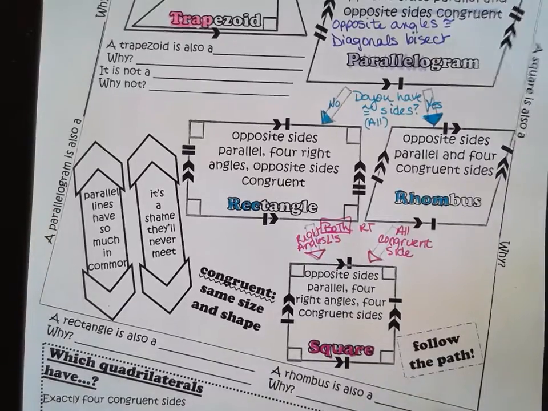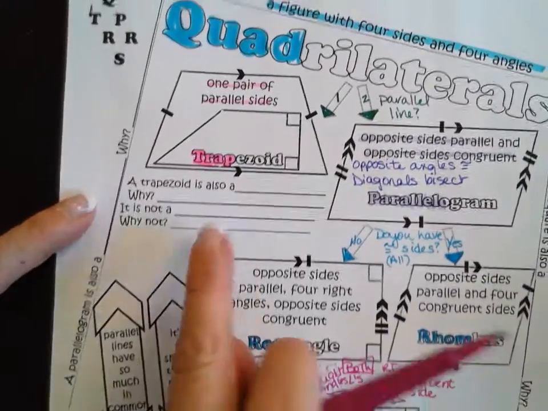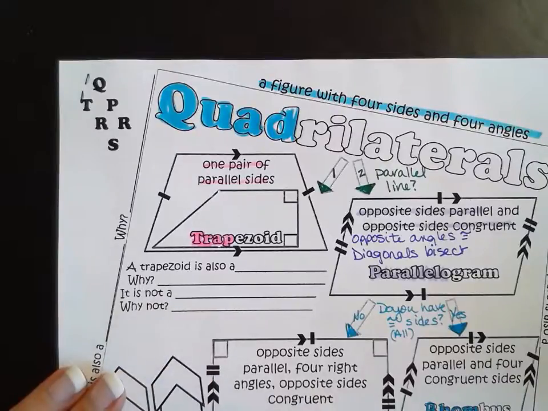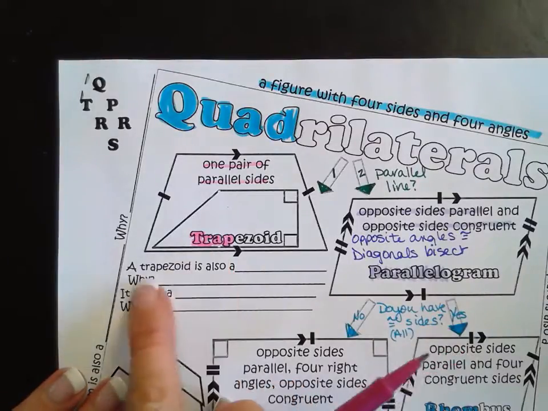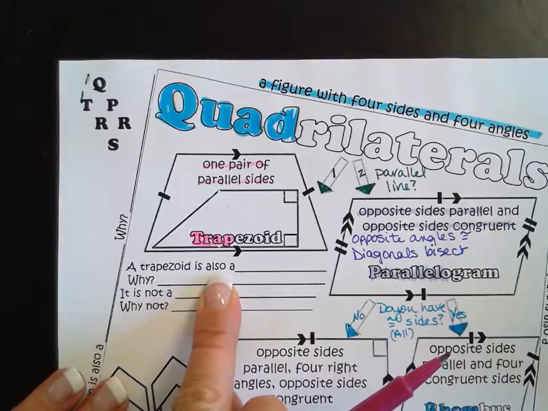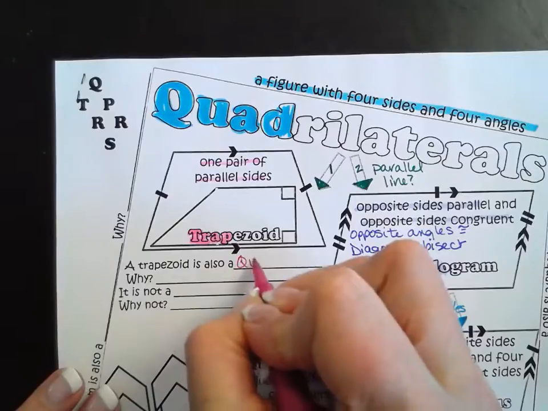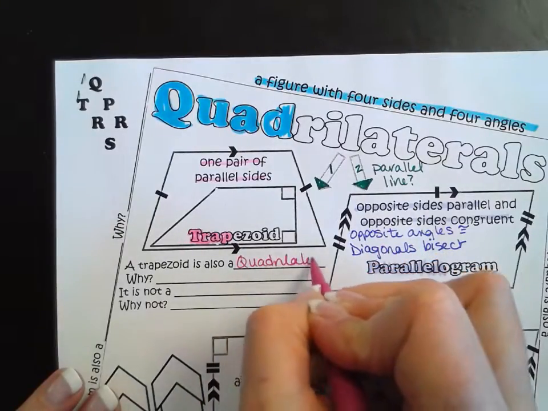Okay, so let's think about it. A trapezoid is also a what? Polygons are any closed figure, so a triangle technically is a polygon. Okay, so a trapezoid is also a what? A quadrilateral. Go back up the flow chart. So it's also a quadrilateral.